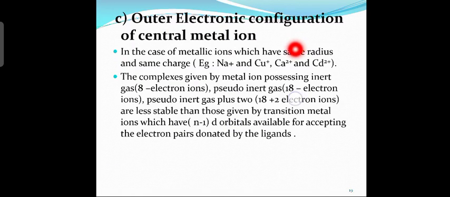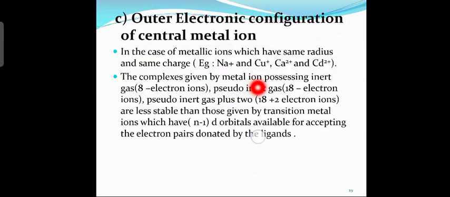Next slide. Outer electronic configuration of central metal ion. In the case of metal ions which have same radius and same charge, you can see here sodium ion and copper plus, that is cuprous, calcium 2 plus and cadmium 2 plus. Okay. So, these have the same radius and same charge. Okay.